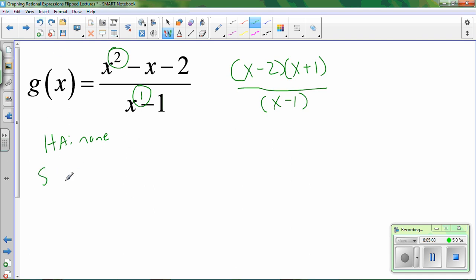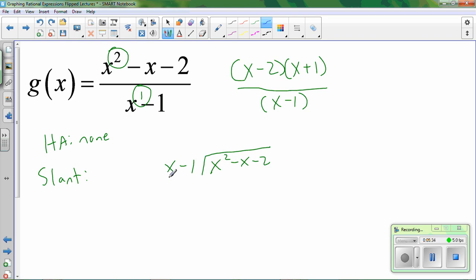And to find that equation, we have to do long division. So we take our expression, x squared minus x minus 2 divided by x minus 1, and we're going to do long division. We've done this in previous chapters, so hopefully this isn't too new.